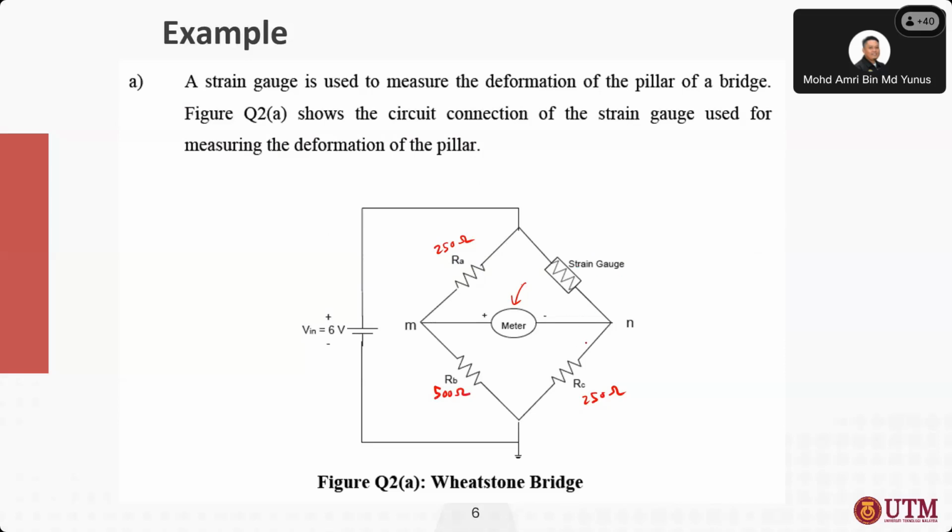What is the value of the strain gauge? Let me put that as RSG. We know that in balanced condition, the ratio RSG divided by RC is equivalent to RA divided by RB.